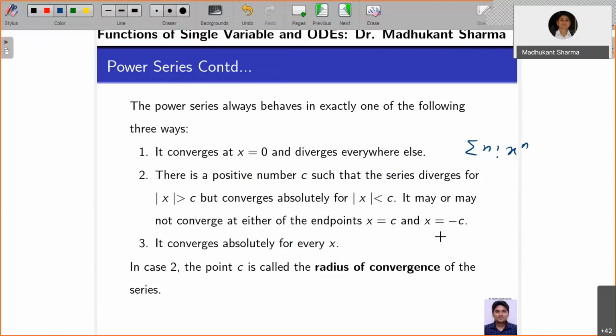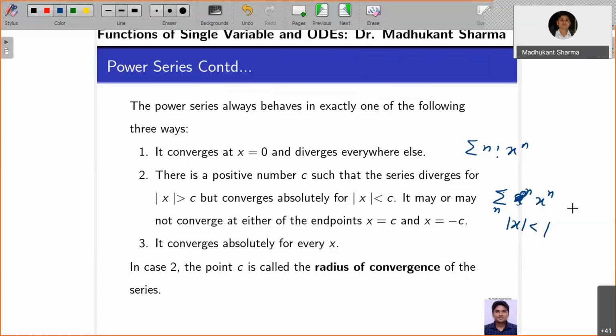So it is possible that there is a positive number c such that the series diverges for mod x greater than c but converges absolutely for mod x less than c, and it may or may not converge at either of the endpoints. For example, take the summation of x to the power n. You have already seen that this converges only for mod x less than 1.